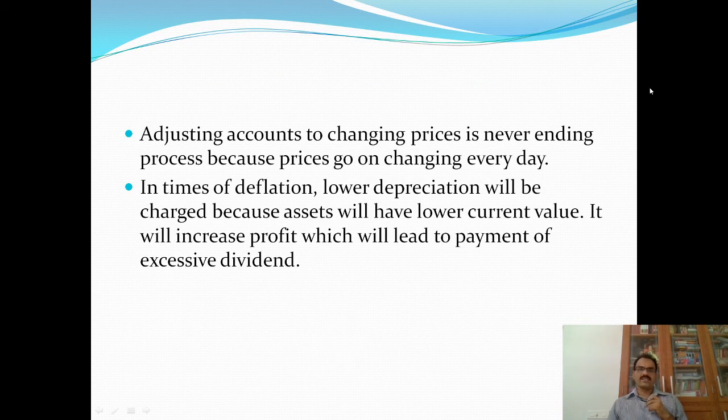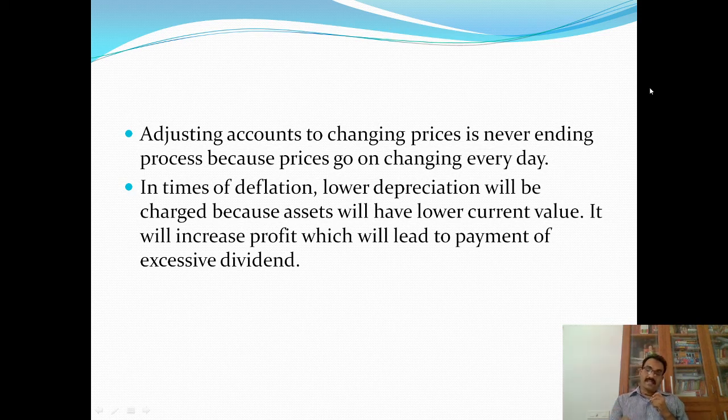The next limitation is that adjusting accounts to changing prices is a never ending process. What is the reason? Because prices go on changing every day. So changing the prices from historical cost to the current cost will be a difficult task as far as the business is concerned.